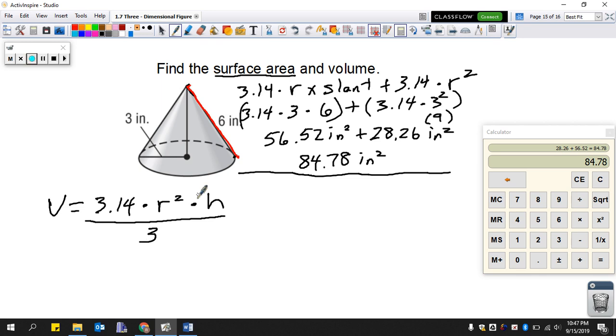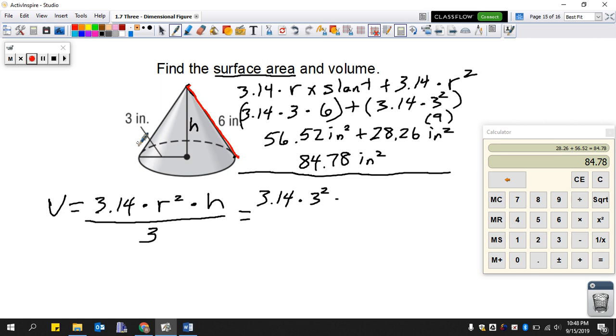All right, so when we plug that in, 3.14 times 3 squared times the height. Well, now the height is the height of the pyramid. That would be this right here.